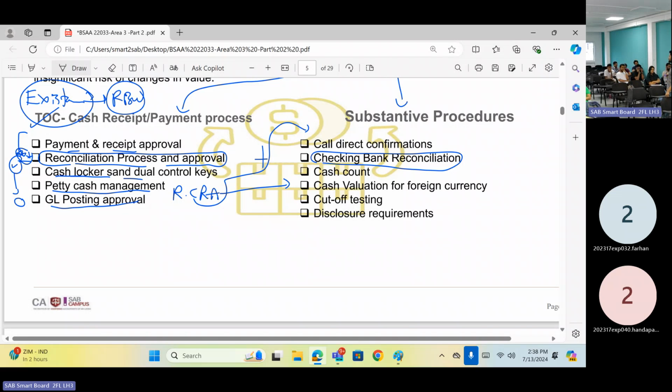Hypothetically, those should tally. If they don't tally, there may be two different reasons: matters from the bank and matters from the company.